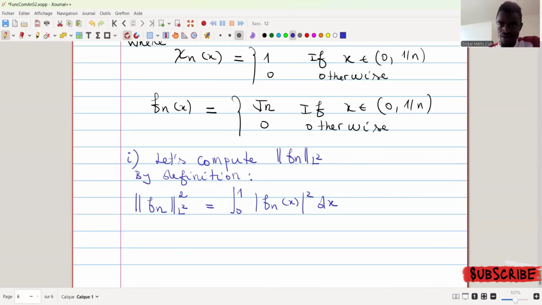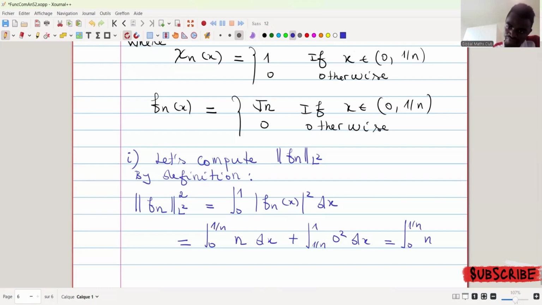But as you can see, the domain is so we are going to move from 0 to 1 over n, and on the remaining part the integral is 0 there. So it's the integral from 0 to 1 over n of square root of n squared, so it is n here, dx. And the remaining part is 0. So this integral is equal to 1, right?